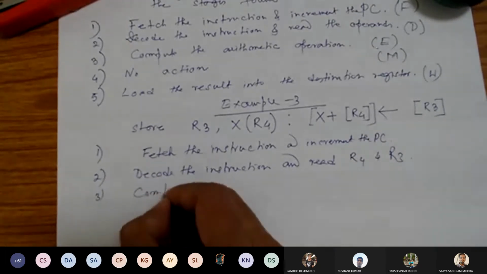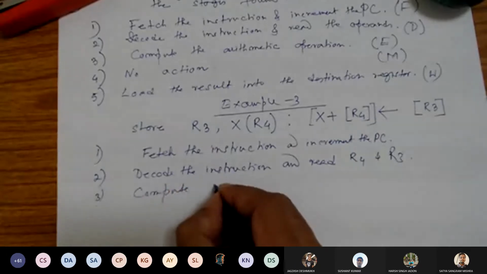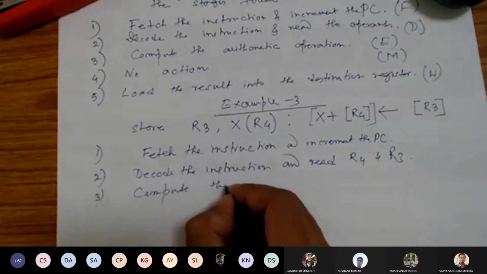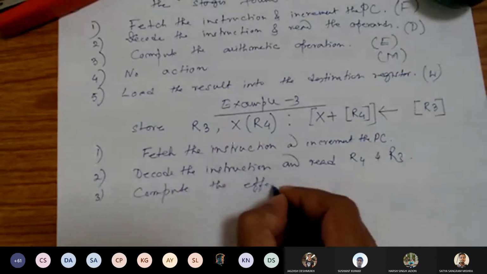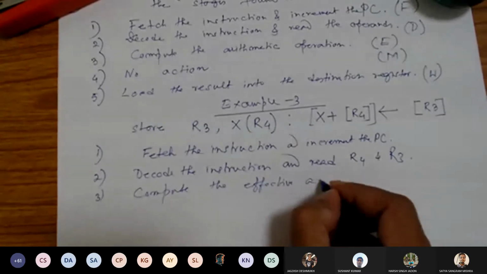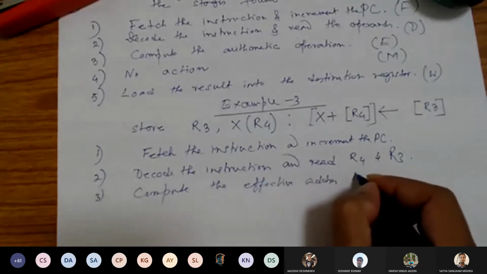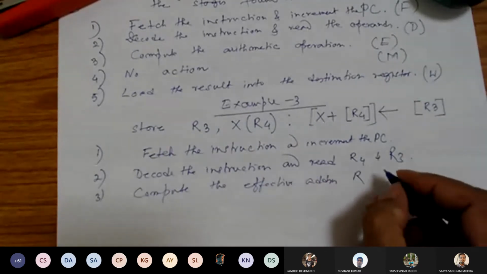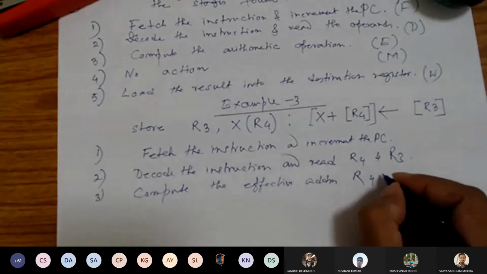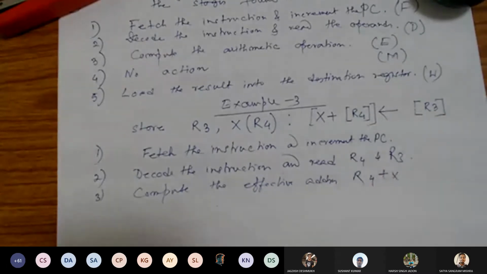Third, compute the effective address, R4 plus X.